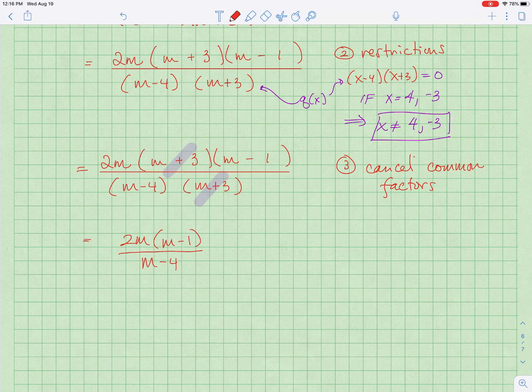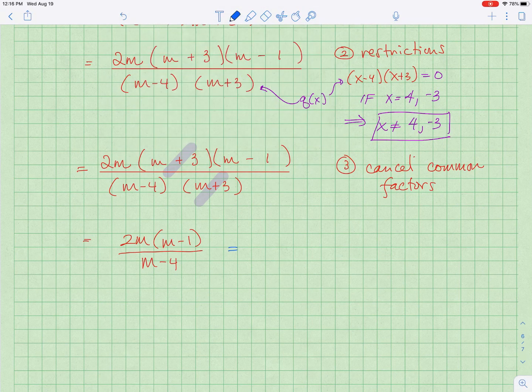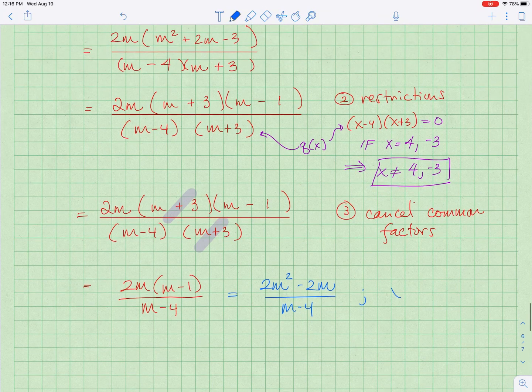You might not see it like that in the back of the book. They might multiply that back out now that there's no more common factors as 2m squared minus 2m divided by, oops, I almost wrote x there, divided by m minus 4 provided, I don't know, I wrote x up here.